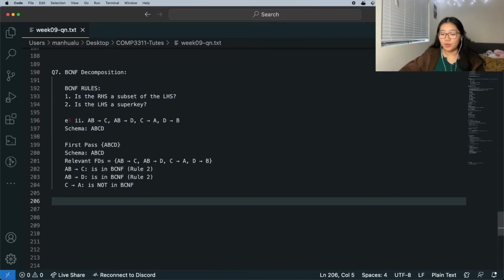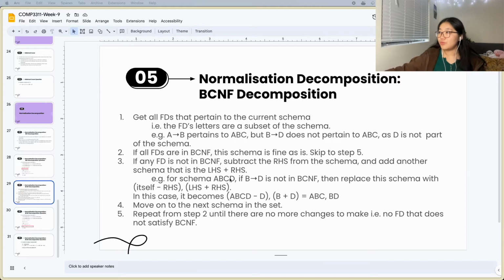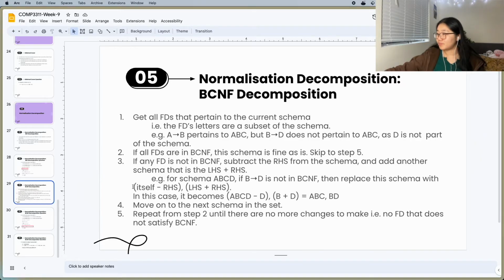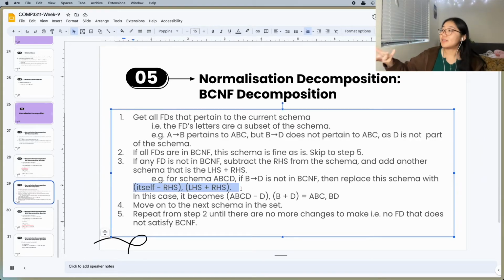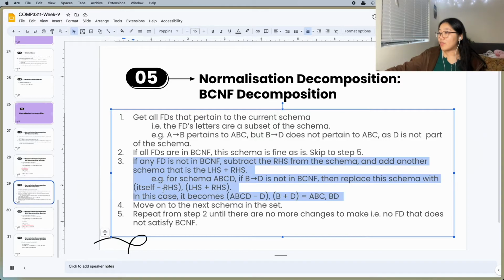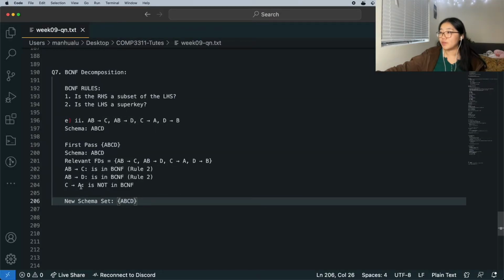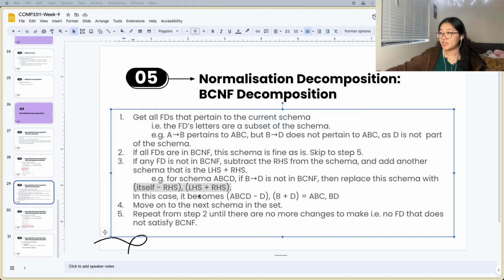Not really fix, but what we're going to do is generate a new schema set now that's going to consist originally of your first original schema, and in this step here, we're going to replace the schema itself, the original schema, minus the right-hand side of this not in BCNF functional dependency.